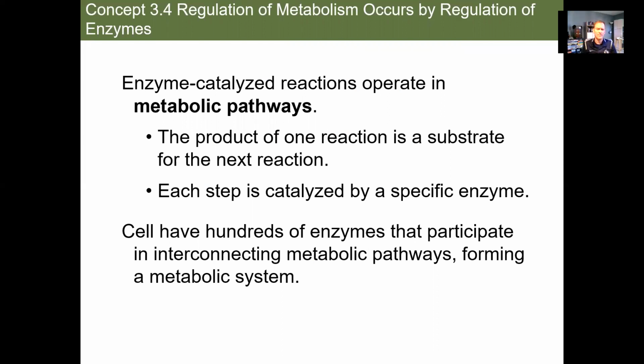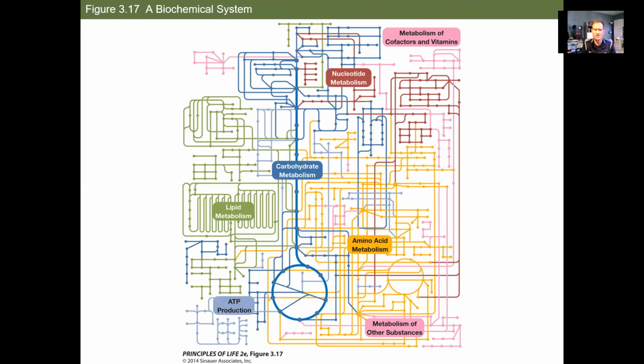Right? So there can be hundreds of different enzymes working. Some of them will have interconnected pathways. Like, look at this hot mess, all right? This is basically a map of known major biochemical pathways in eukaryotic cells. Okay?